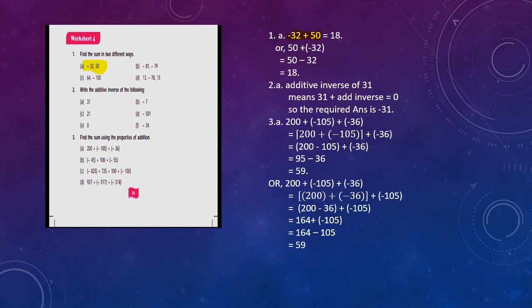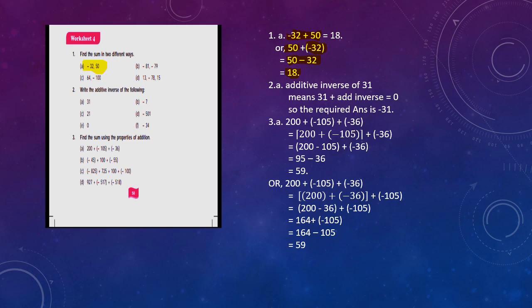It will give you the difference of both, equal to 18, or you can solve it as 50 plus minus of 32 equals 50 minus 32, and the answer will remain the same, equal to 18. Similarly, you can solve all the questions given in question number 1.